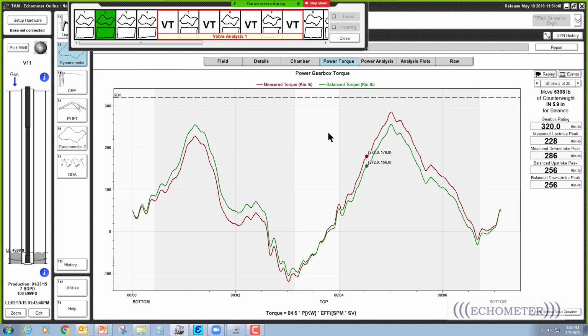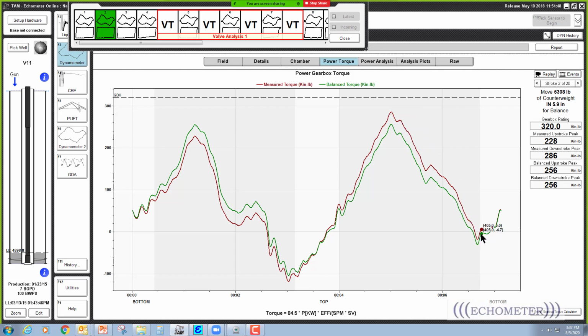And what I want to show you though is that when you have a conventional pumping unit, you have a peak net torque on the upstroke, you have a peak net torque on the downstroke, and you typically have a valley in the middle where most of the power is generated when the weights swing through the bottom. And then you have sometimes another little peak after the upstroke peak.